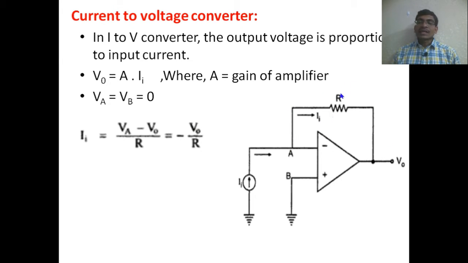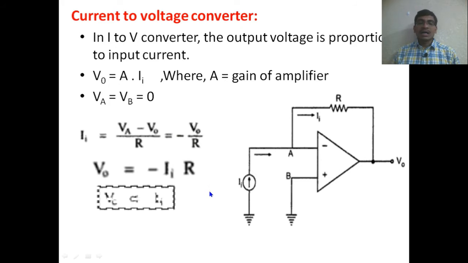So here the current flowing in the feedback resistor RF can be given as VA minus V0 divided by the R. We know that VA is equal to 0, that's why it becomes minus V0 by R. Therefore, if you rearrange this, V0 is equal to minus II into R. So V0 is proportional to the II current, where R is the proportionality constant if you assume.